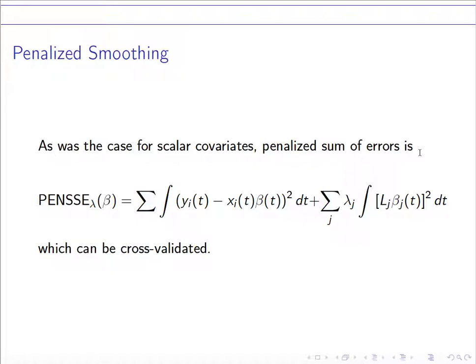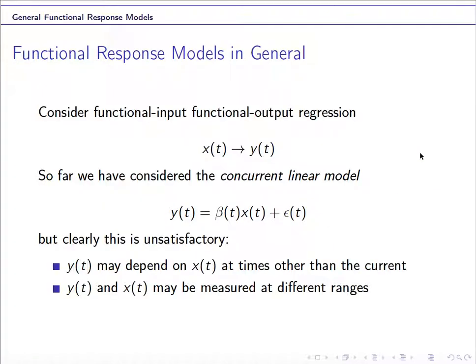So this is the first functional model, the concurrent model. When using it, it actually has a pretty strict assumption: the response y only depends on the current value of x. In real applications, there can always be some delays. For example, think about a forest fire.